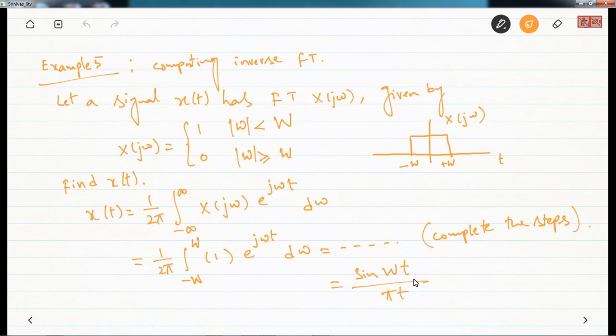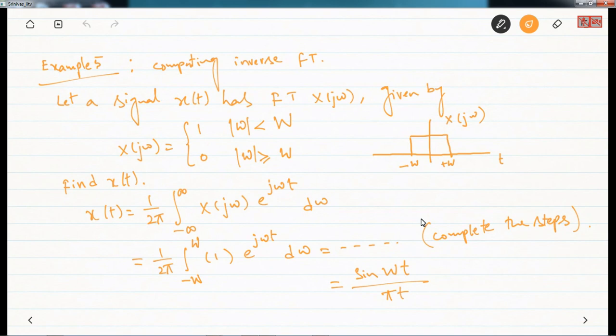Functions of this sort keep coming regularly in signals and systems, in analog communications, in digital communications, in digital signal processing. So in dealing with fundamental signals, this kind of signal, sine pi theta by pi theta, will keep coming.